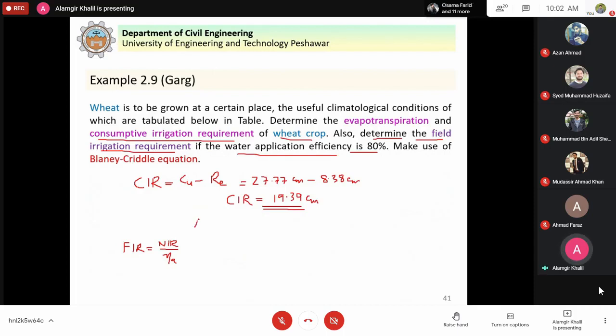We can consider NIR, net irrigation requirement, equal to consumptive irrigation requirement. Why can we consider this? Since no water is used for deep percolation.